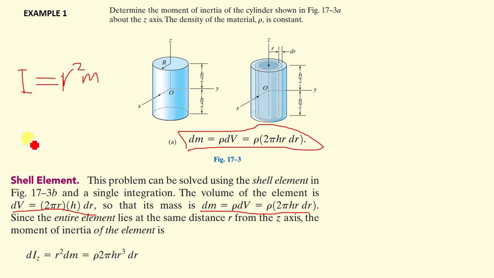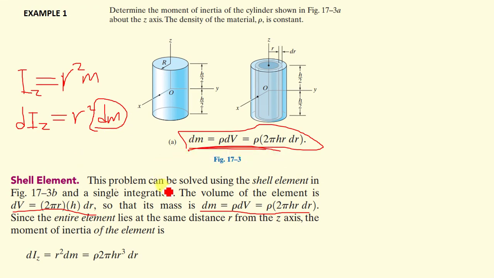Now since the moment of inertia here is changing, we say dI about z, the change in I about z, is equal to, since this moment arm is constant, just r squared, and then the mass of the arbitrary element will also be changing. So we know dm is given by this.